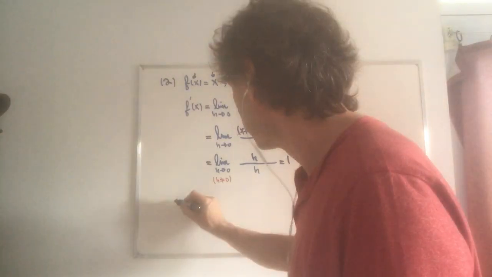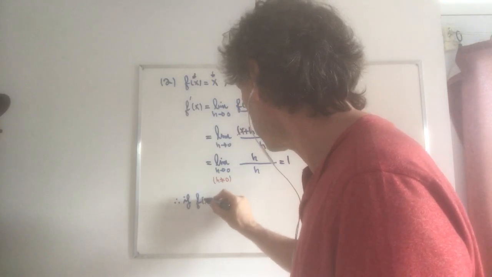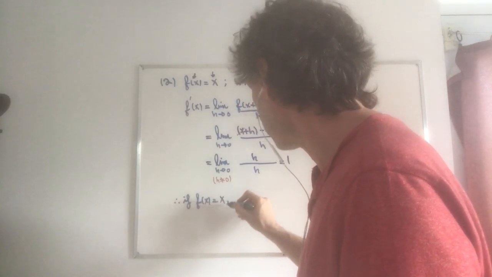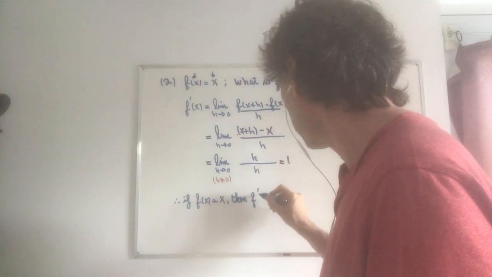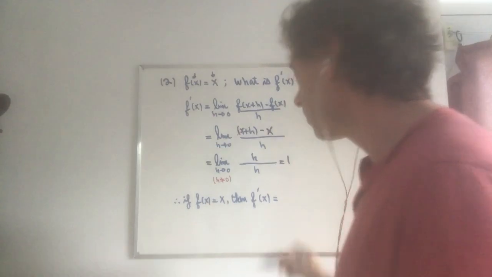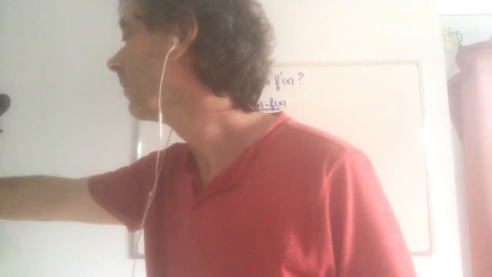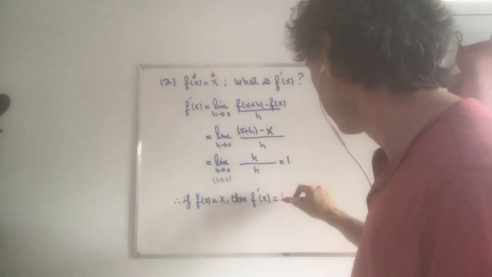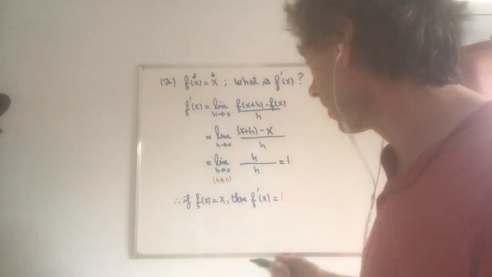There we have it. If f of x is equal to x, then f prime of x is equal to what? 1. Here we go. So we can actually write this in a way we did for the previous rule number 1.